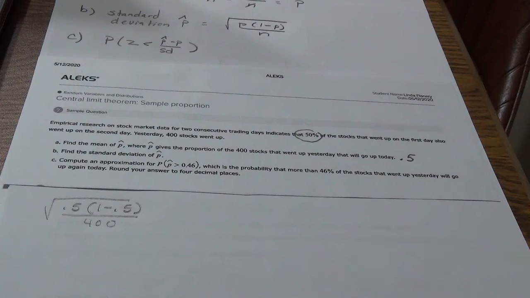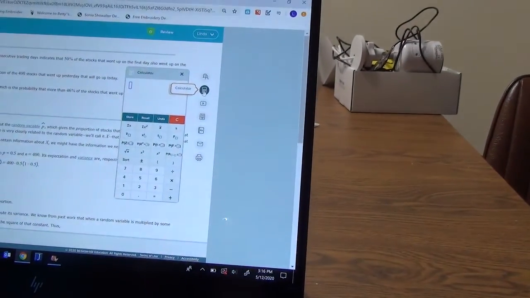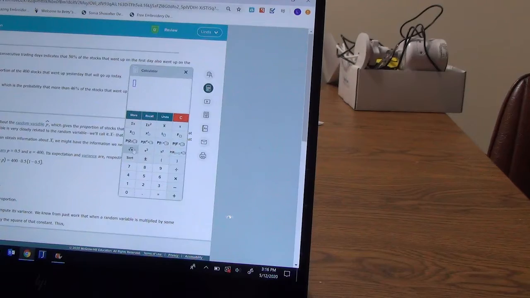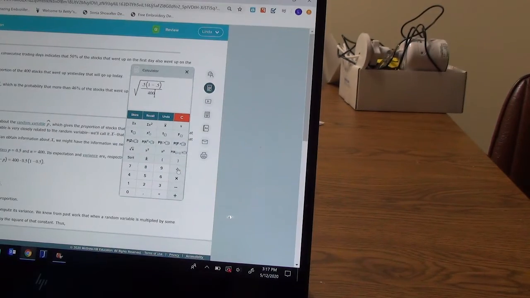I'm going to pull up the Alex calculator here and move this over so you can see the Alex calculator. So we are going to do the square root of 0.5 parenthesis 1 minus 0.5, close my parenthesis, and then I want this part here highlighted, and that's going to be divided by the 400. So it will look like that when you do the Alex calculator.